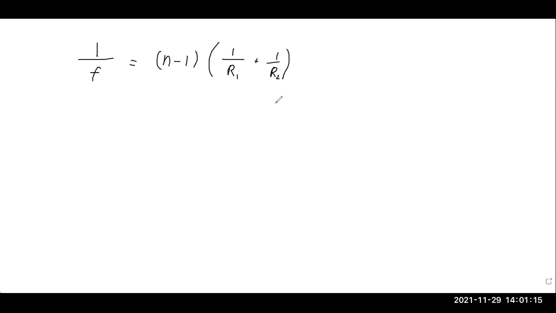So the sign convention for this is that convex counts as positive. So you could have a lens like this. We've got a small radius of curvature for the back, and a large radius of curvature for the front.